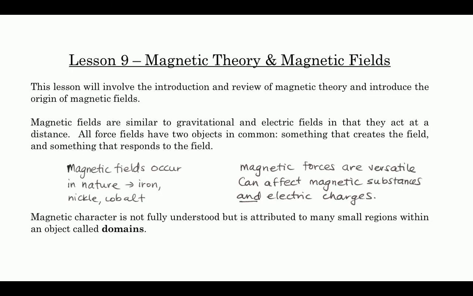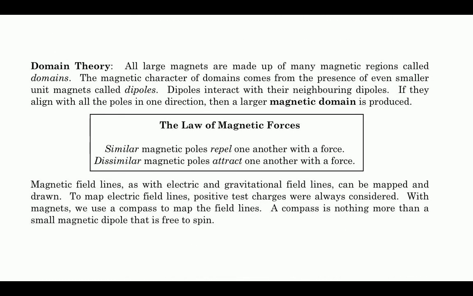And what we do know, though, is that this magnetic nature is attributed to small regions within an object called domains. And that sets up what's known as domain theory: all large magnets are made up of many magnetic regions called domains.